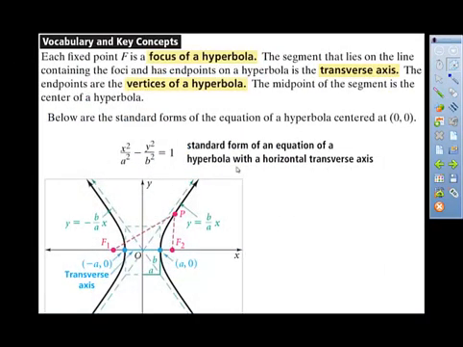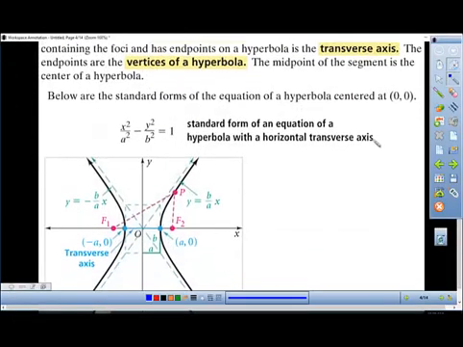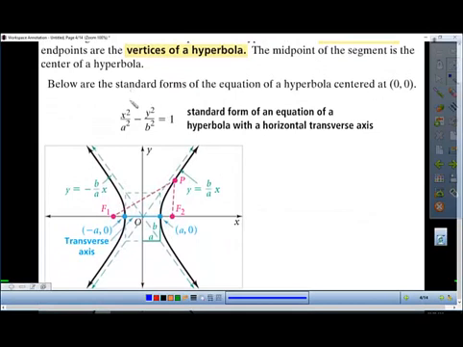Okay, so let me go back to this right here. Let's notice what's going on. I can tell that this is going to be a horizontal hyperbola, and the reason why is because the x term is the positive term, the y isn't. So the distance from here to the vertex is going to be whatever that a value is if I took the square root. So that's a.